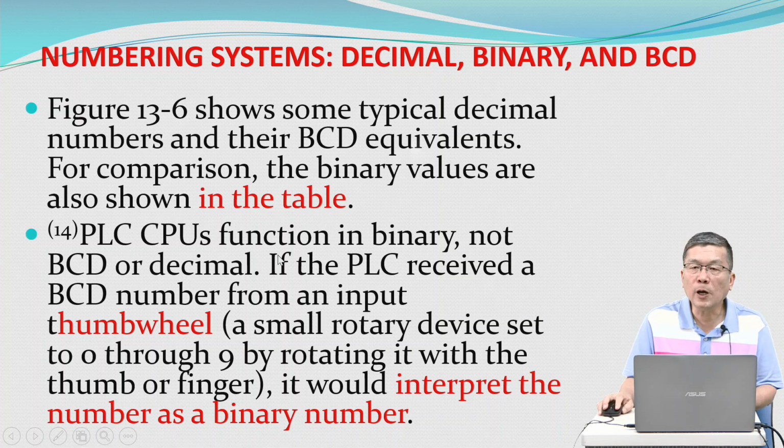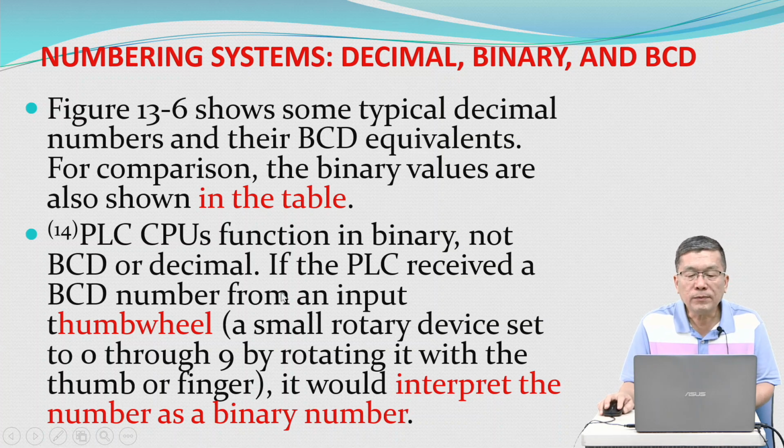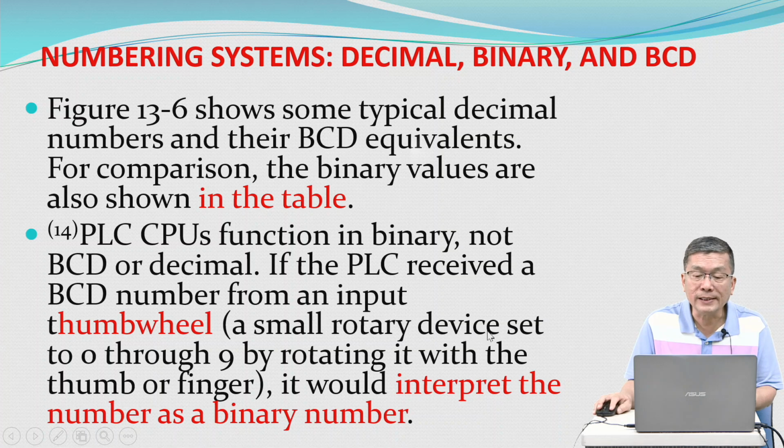PLC CPUs function in binary, not BCD or decimal. If the PLC received a BCD number from an input, such as a thumbwheel, a small rotary device set to 0 through 9 by rotating it with the thumb or finger, it would interpret the number as a binary number.